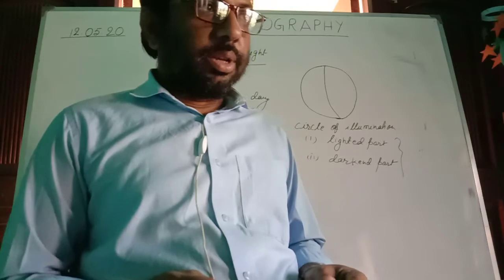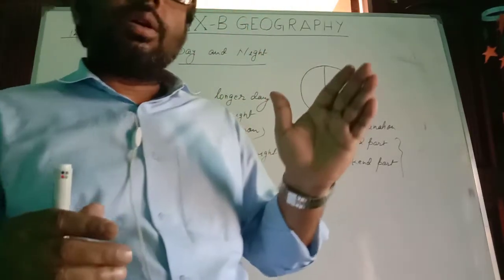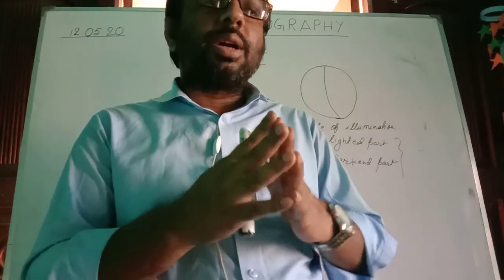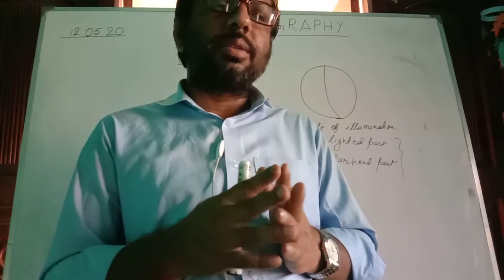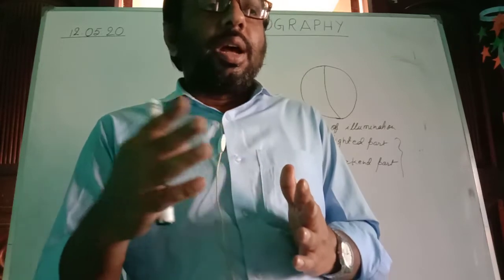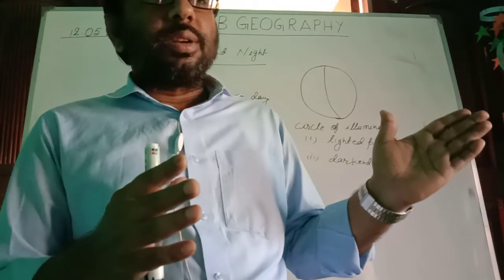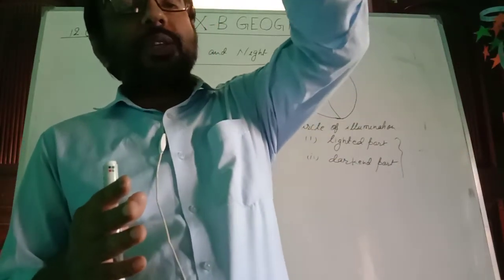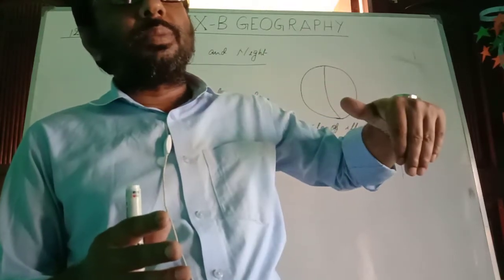and shorter day. So what are we saying? Whichever part of the earth is tilted towards the sun will experience summer season, and in summer season there will be longer day and shorter night. And which part of the earth will remain away from the sun? If the northern hemisphere is tilted toward the sun, then the southern hemisphere will remain away from the sun.